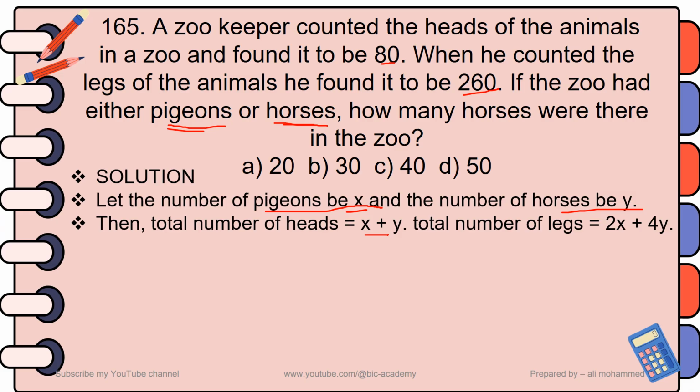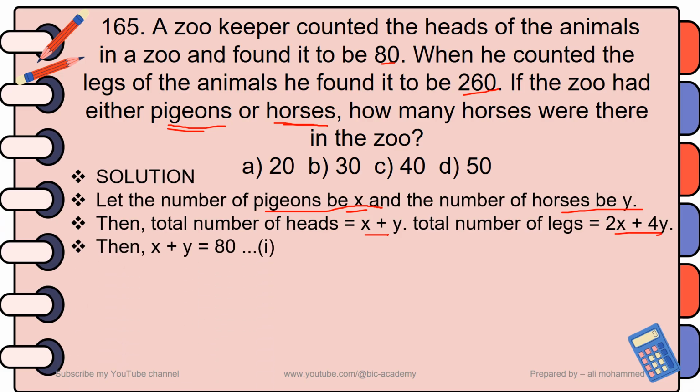Again, pigeons have 2 legs and horses have 4 legs. So the total number of legs can be represented as 2x plus 4y. 2x represents the legs of pigeons and 4y represents the legs of horses. So the total number of legs is 2x plus 4y, and it is equal to 260.